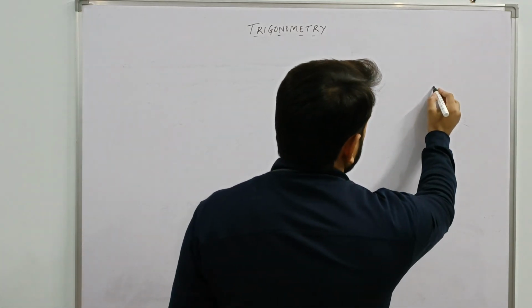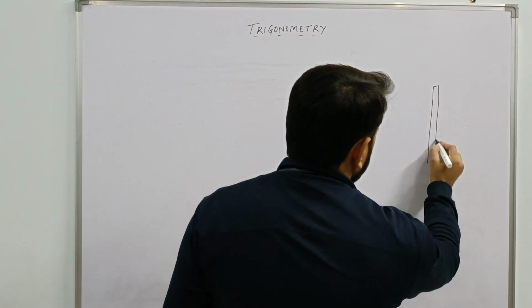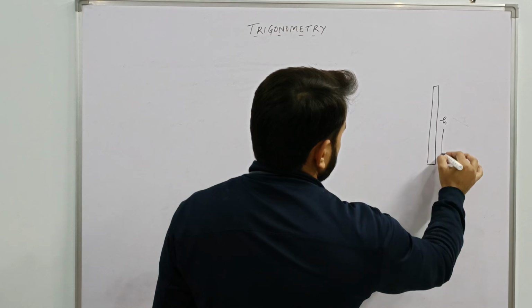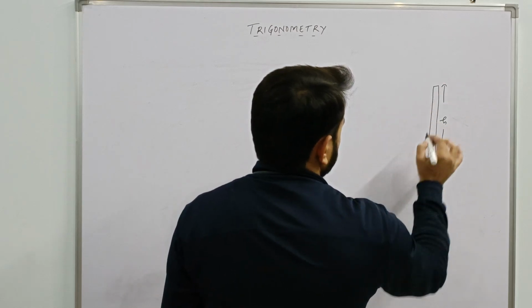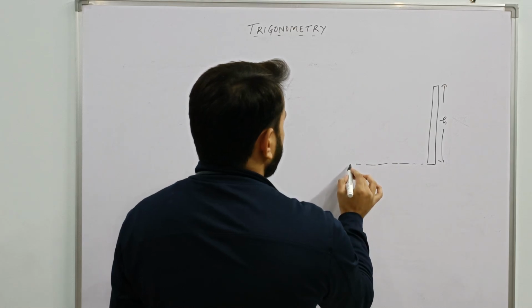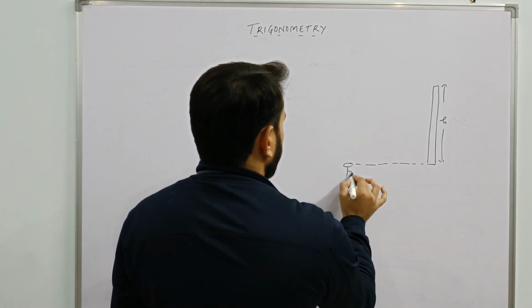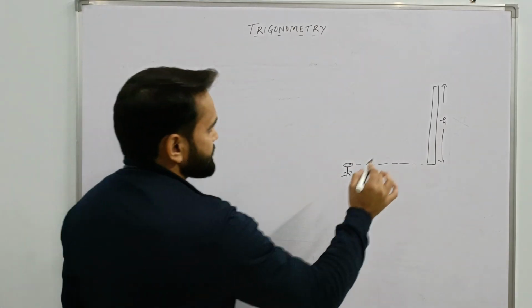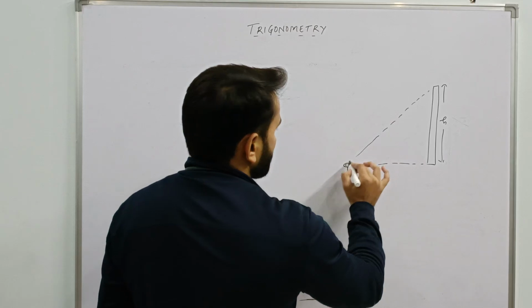Initially I had a problem that there was a tall building of height h and a little boy was observing this tall building. So let us make a right triangle.